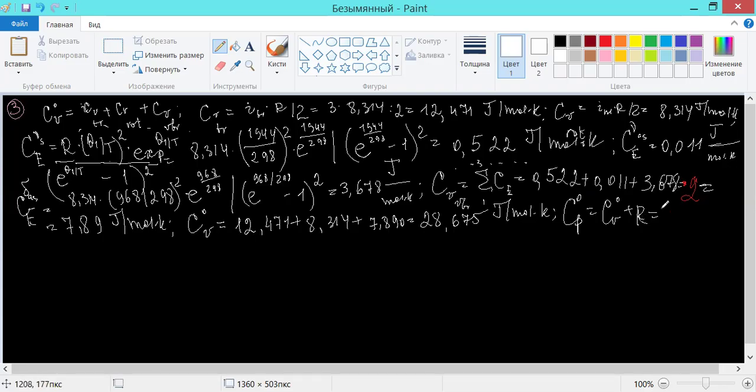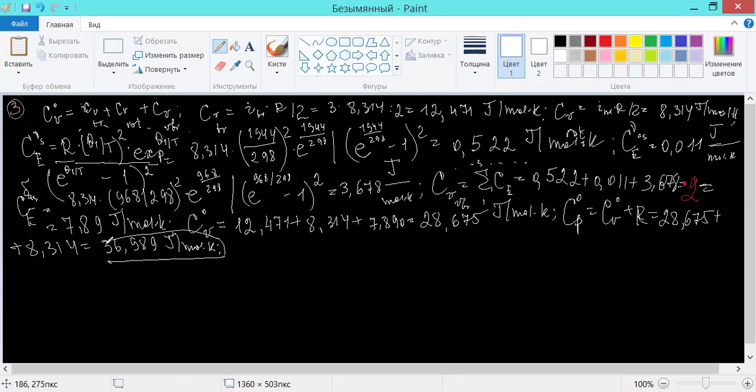In other words, all we need to do is just add the value of the gas constant to this number, 28.675 plus 8.314, and we got 36.989 joules per mole Kelvin. Okay, this is the answer for the third item, for the first question.